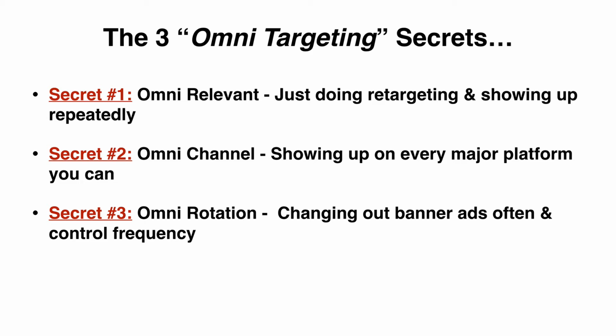And remember that halo effect that can happen through the Google Display Network, with us showing up on sites like ESPN and weather.com, and all those examples that I walked you through. And then secret number 3 is about omni rotation, changing out banner ads often so that we don't have banner blindness, and controlling frequency, showing lots of different ads.